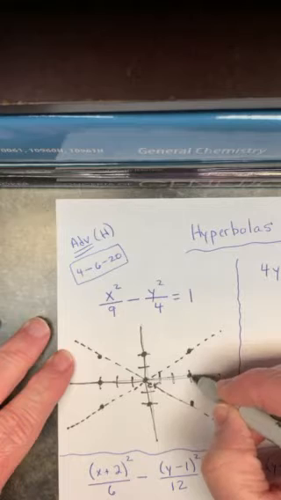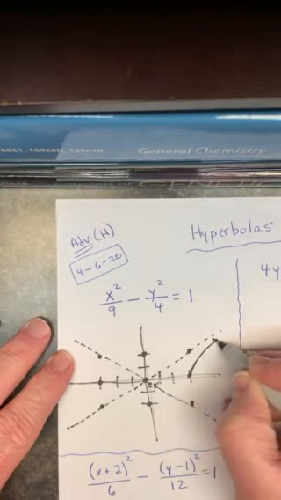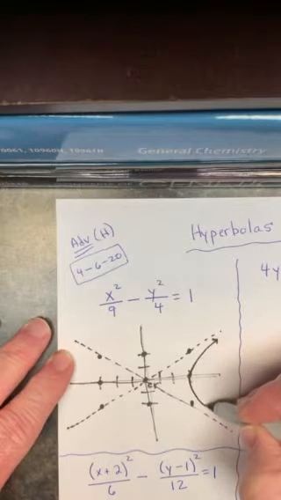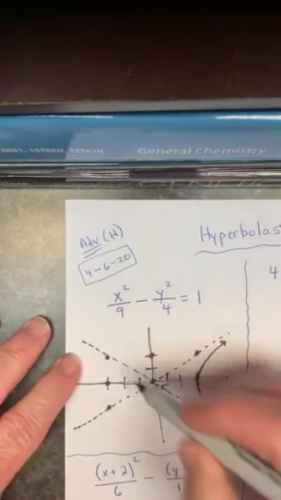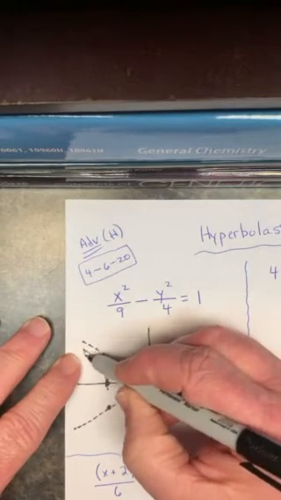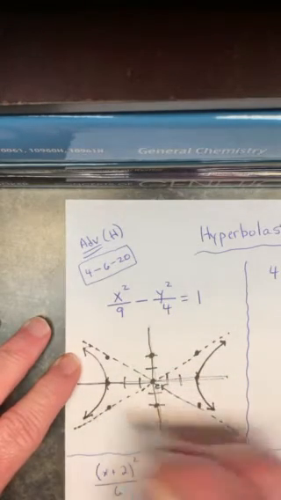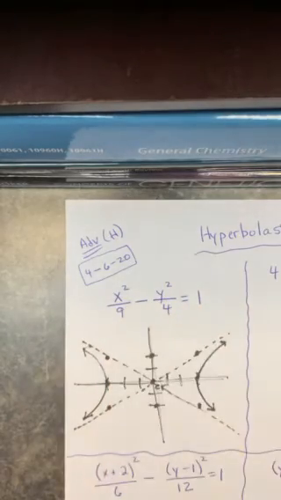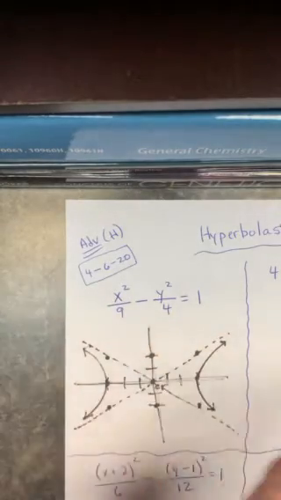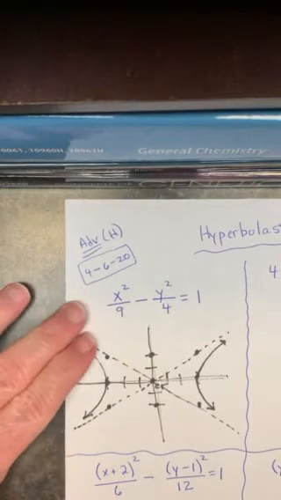So all I'm going to do is start on the x-axis, take this dot, draw a curve that's going to get close to that asymptote, and a curve that gets close in this direction, and then go to the other dot on the x-axis and draw a curve that gets close up above, close down below, and I end up with what looks like, let's just say, a satellite dish facing east and a satellite dish facing west. And that completed picture that you're looking at is called a hyperbola. Okay? All right, let's roll from there.